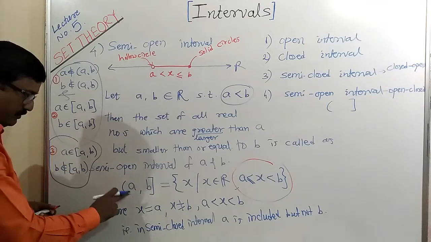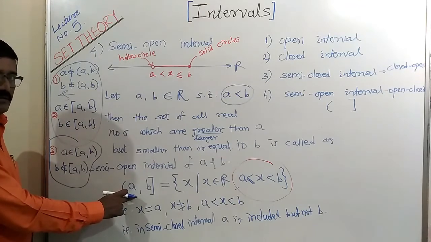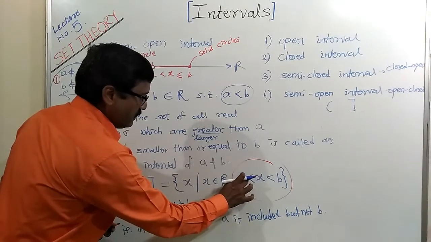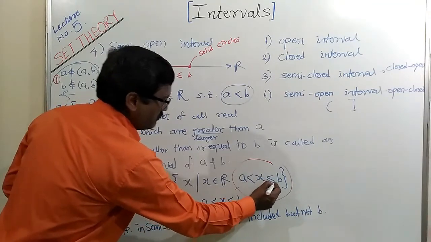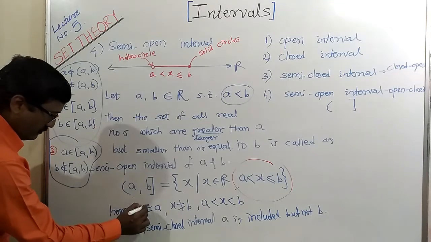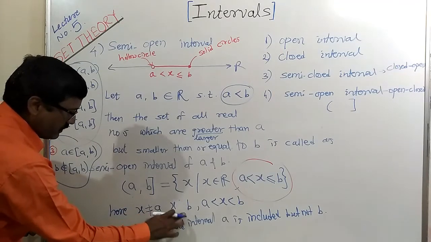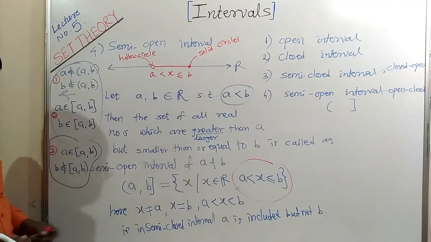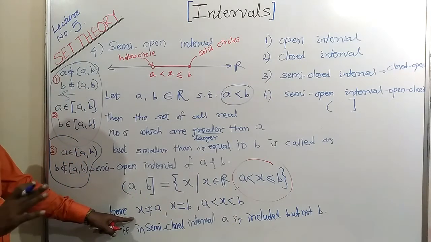Open close means the value of x is not equal to A, but it may be equal to B. So x is greater than A, but less than or equal to B. Obviously, here x is not equal to A, but x is equal to B, and x is greater than A and less than B. This and this have the same meaning.